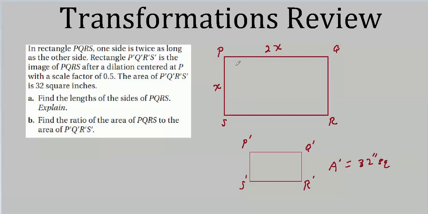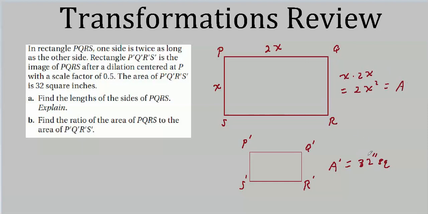Well, if we knew the area of this, we could do it, because we'd have 2x squared. X times 2x is the original area. So we can go ahead and write that down. X times 2x, which equals 2x squared. And that is the area, we don't know what that is yet. We just know it's the area.